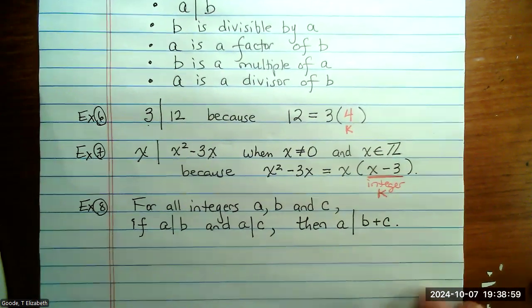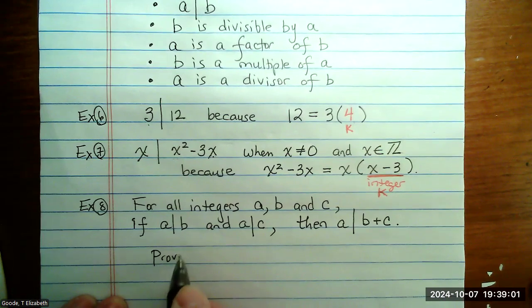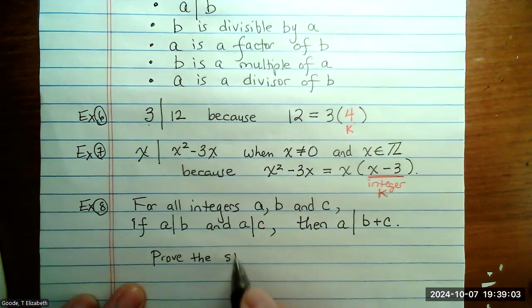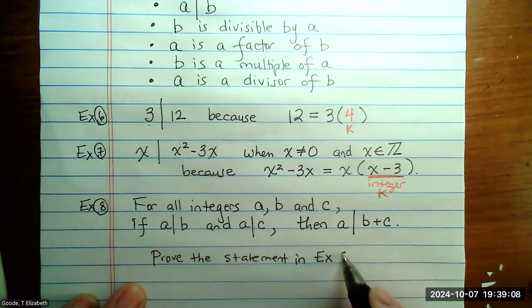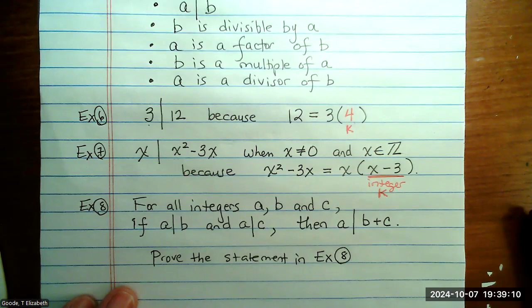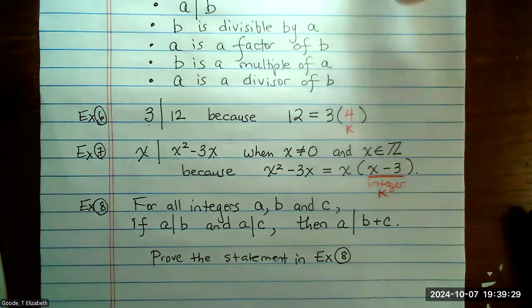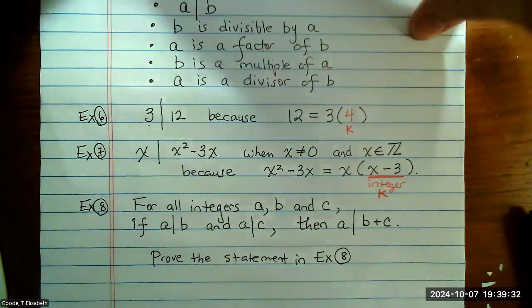Okay? We're going to prove the statement in example 8. It's already written as an if-then. But you might be wondering about something. I'll let you write it down and then let's think about, is there anything about this that's kind of giving you pause or making you kind of wonder? I'm going to put the definition of divides up here where we can see it.